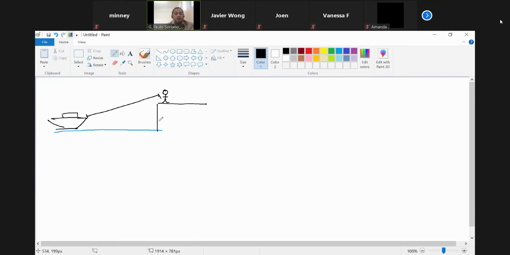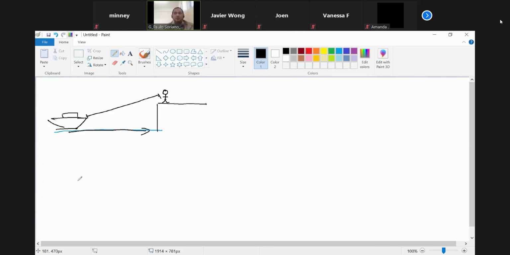So the question here is, when this man pulls the boat, will the boat move up like this? No, the boat is just going to move horizontally forward. Boats move horizontally, which means you will be seeing two movements here.